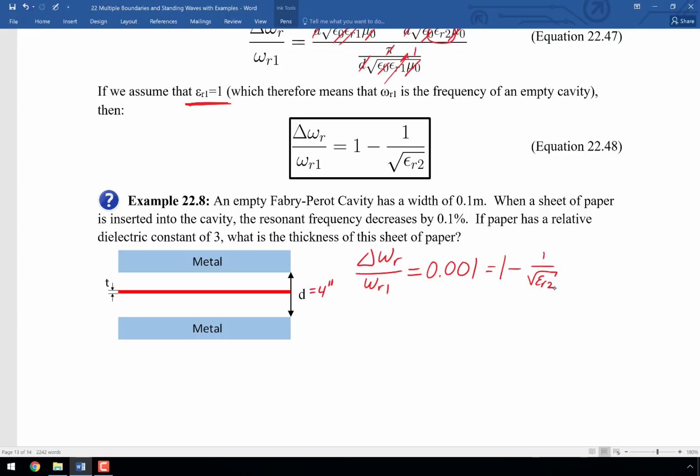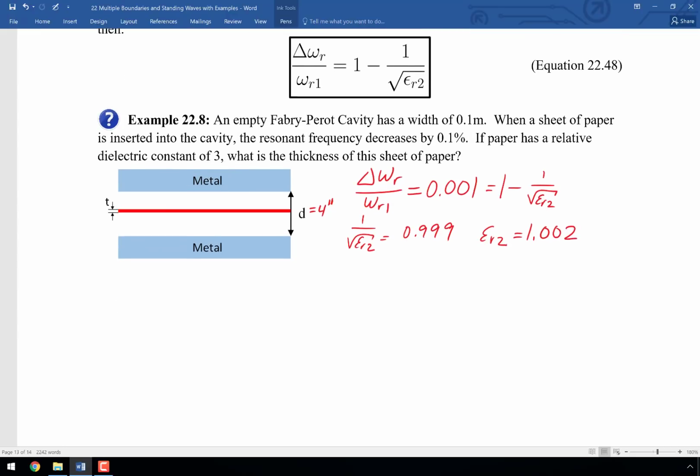Epsilon r1 was just 1, because that's what it was before we inserted the piece of paper. So we can then calculate that 1 over the square root of epsilon r2 is equal to 0.999, and therefore epsilon r2 is equal to 1.002.